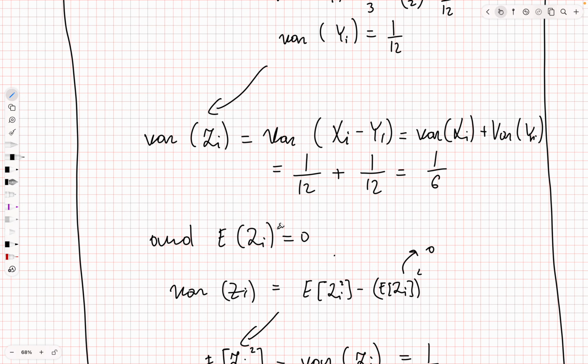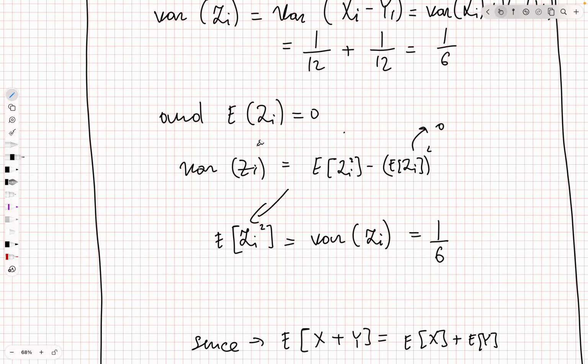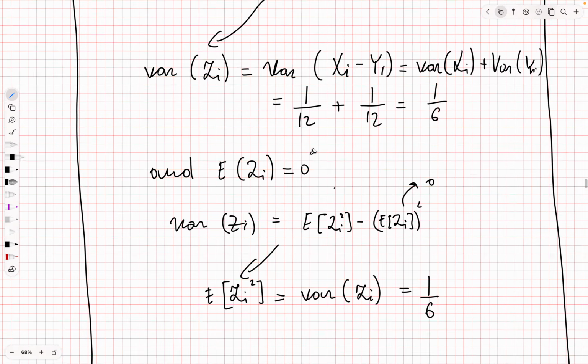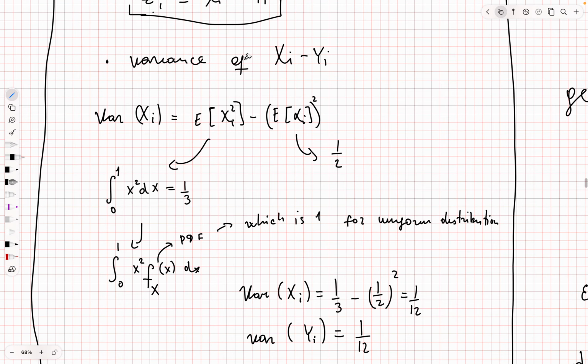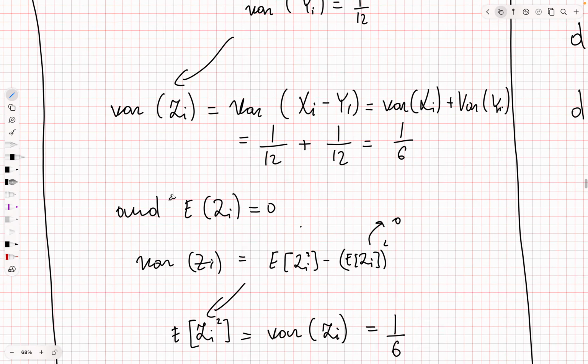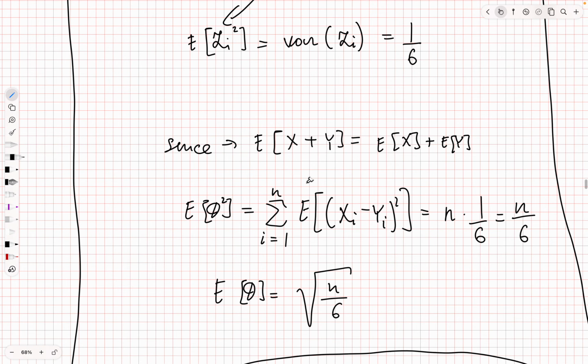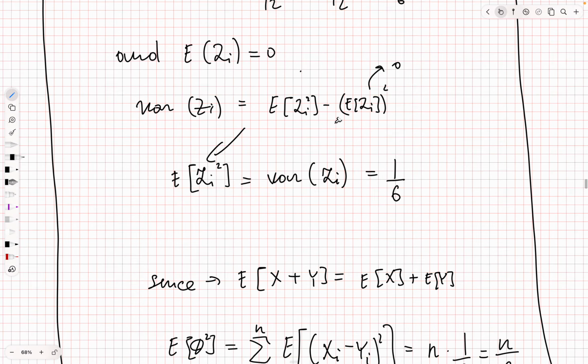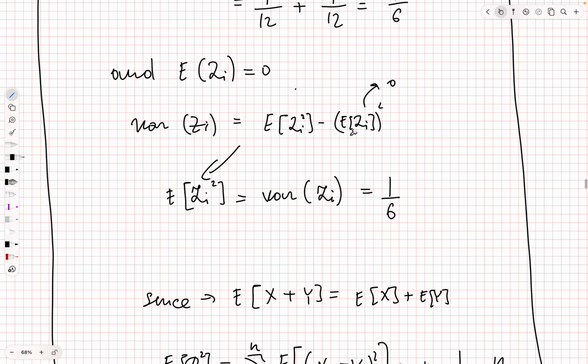We calculated that the variance of zi is 1 over 6, and the expected value of zi is 0. And why is it 0? We can just look at this expression, variance of zi, the same way we calculated variance of xi. What we see here is that this goes to 0.